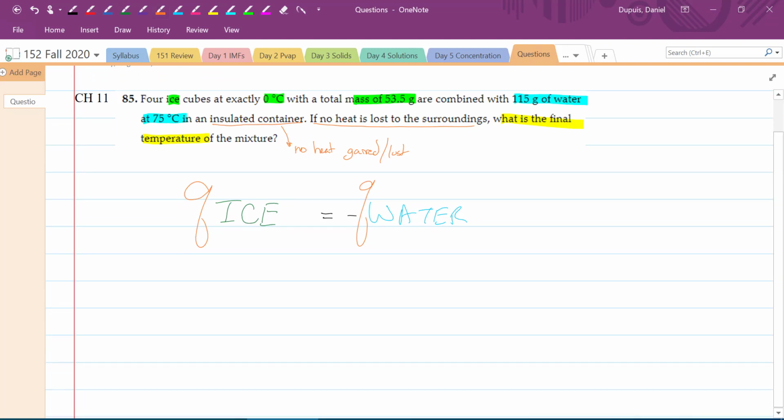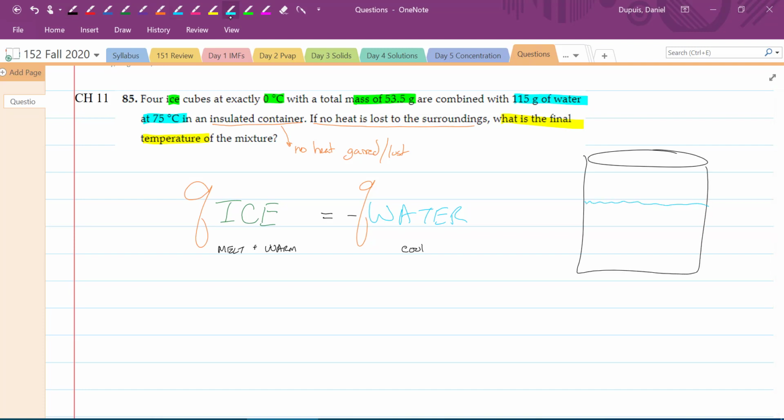So now what's physically happening here? Ice is going to melt and it's going to warm up, and water is going to cool. If I had a beaker, and I have my water, here's my water in the beaker. Wonderful.